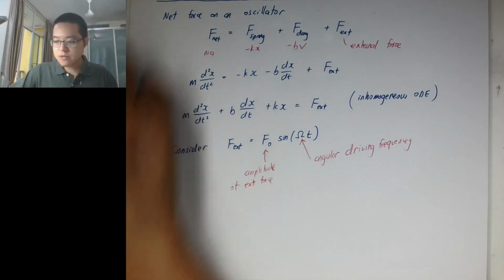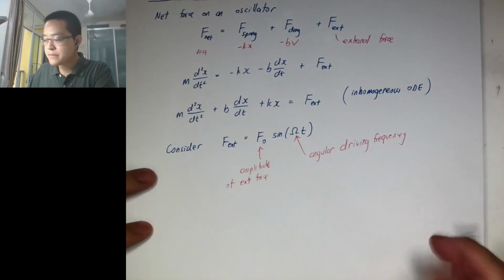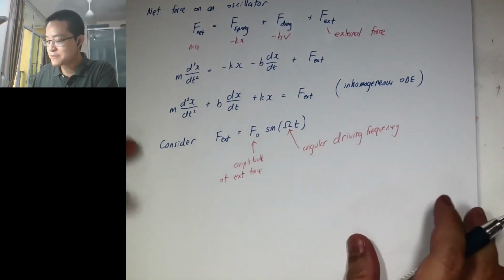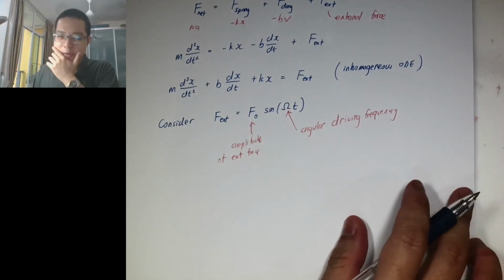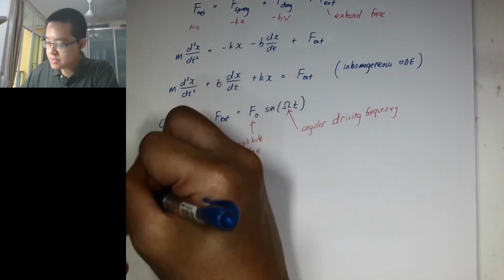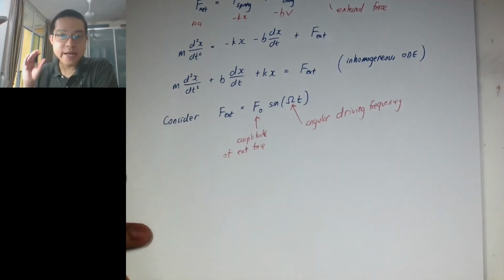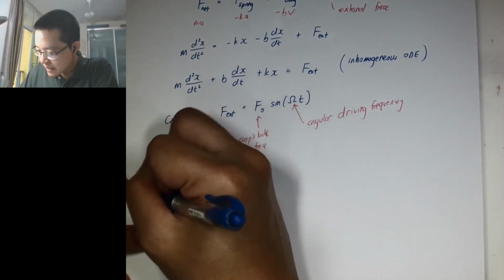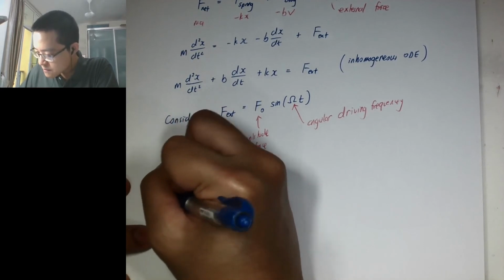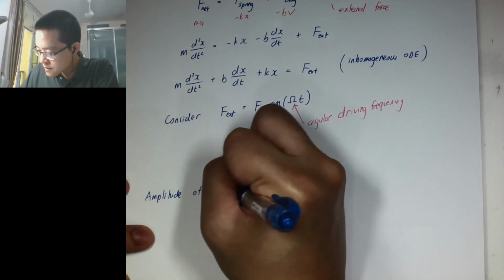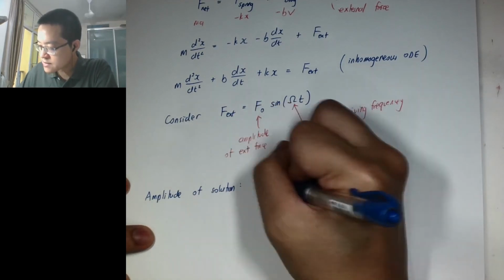Okay, so the solution is again very difficult to solve, so it's a bit hard to explain without going through the math, at least for me. For the solution, I'm not even going to show you the solution. I'm just going to show you the amplitude of the solution. So the amplitude of the solution is given by this formula.